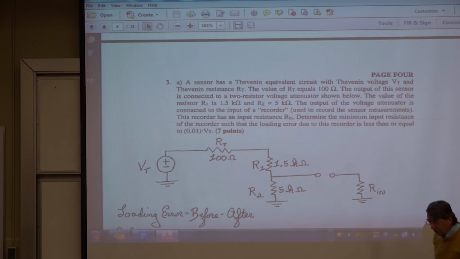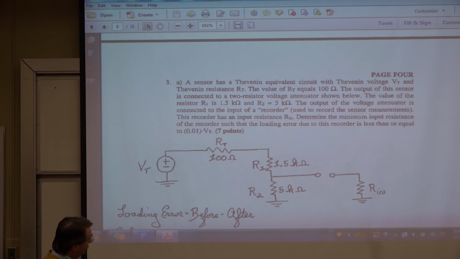So it's a little different than the lecture. In the lecture, I just asked you the loading error. Here, I'm giving you the loading error, and I'm saying how big does Rn have to be to make that loading error possible? So I'm asking it backwards.